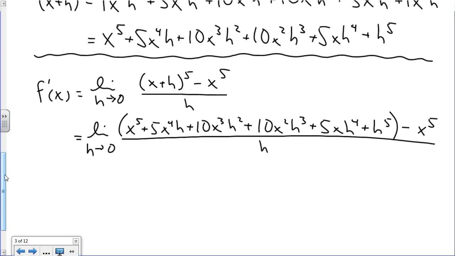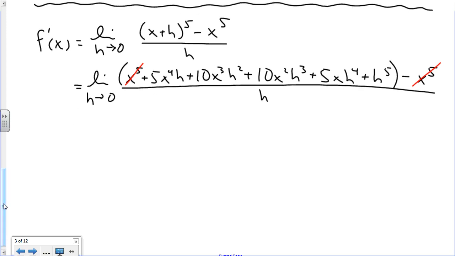Now, turns out that the stuff I'm subtracting here from the end in the numerator, in this case the x to the 5th, will cancel out with something here that I've just expanded. It's going to happen every time for you. Those will cancel out. And not only that, but if you look at what you have in your numerator, each term in the numerator has an h in it now. So let's factor out an h for each of the terms that are in the numerator.